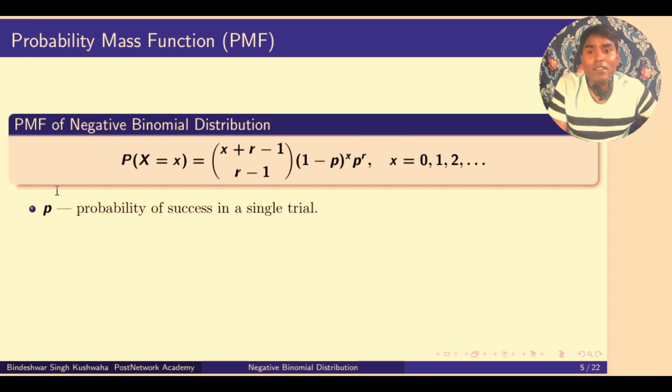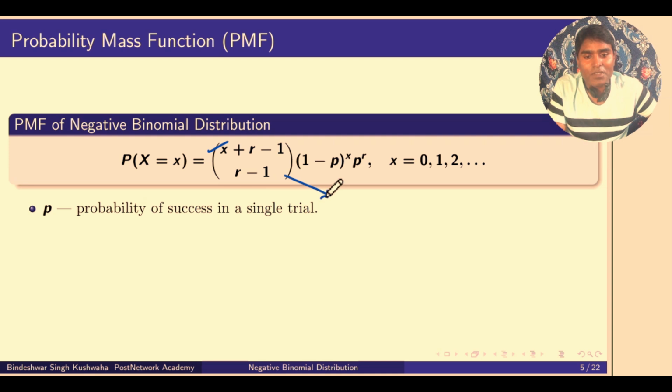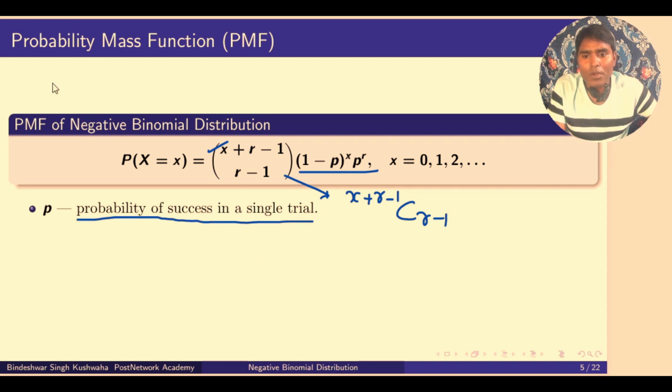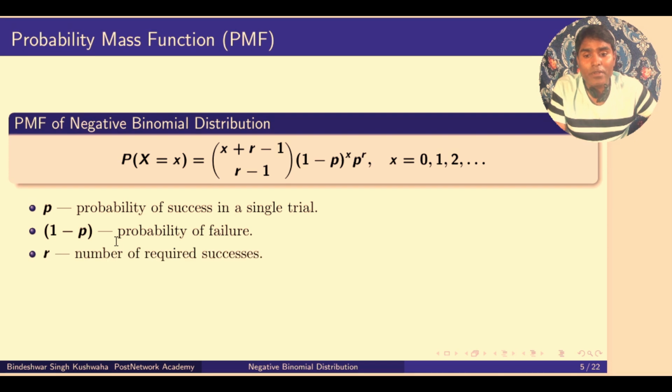So let us see the probability mass function of the negative binomial distribution. It is denoted as (x plus r minus 1) C (r minus 1), and the remaining part as it is: p to the power r times (1 minus p) to the power x, where p is the probability of success in each trial, 1 minus p is the probability of failure, and r is the number of required successes.